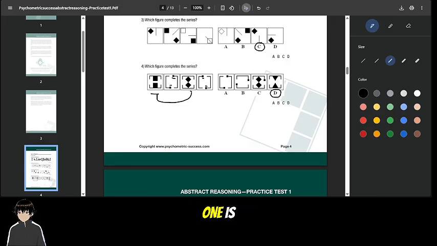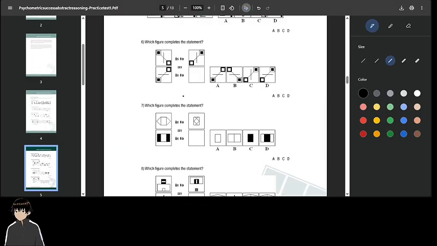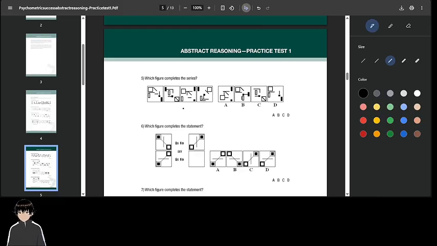So the first one is a square box, and then this is a little square box, and there's a diamond, and then there's this little square box as well. So I believe the next pattern would be this, assuming that we're spacing off that pattern. So the next would be number 5.